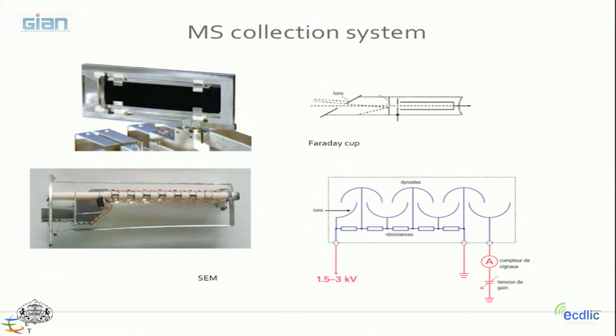This is typically the kind of system you have in ICP-MS. But we still have one in the mass spectrometer. For example, people measuring the 230 to 232 thorium: 230 has very, very little abundance, so we measure the 230 on this kind of apparatus and the 232 on the Faraday cup.